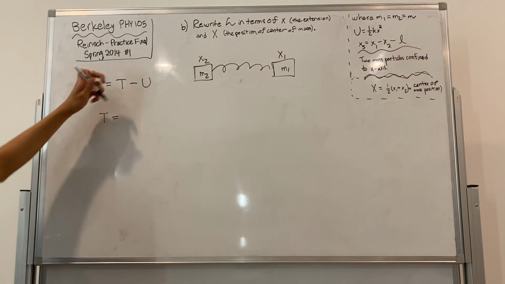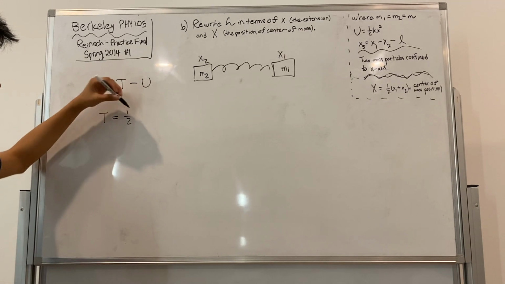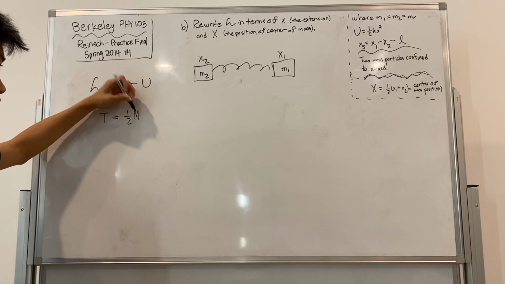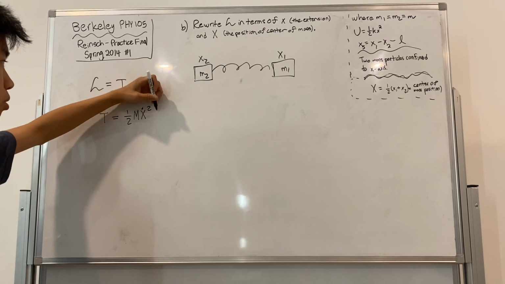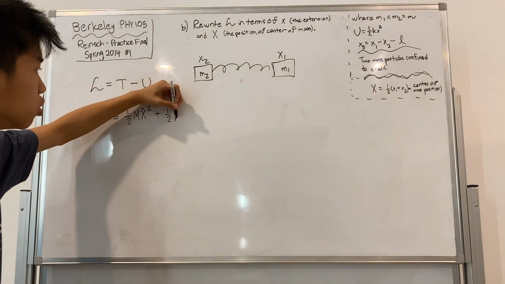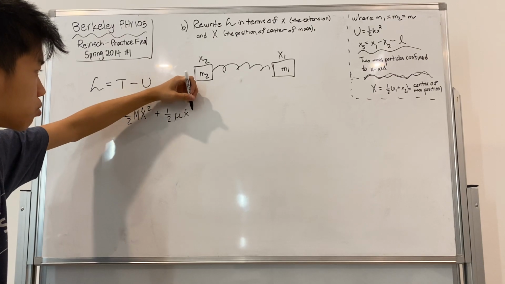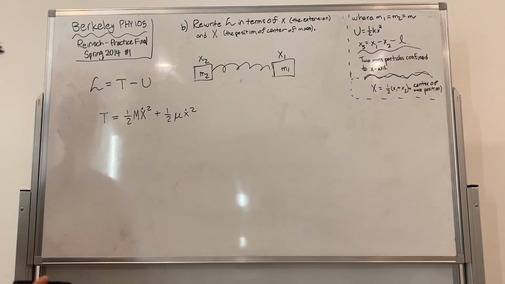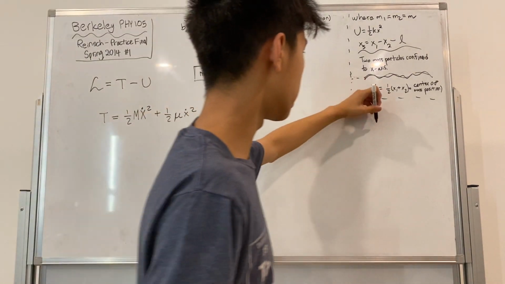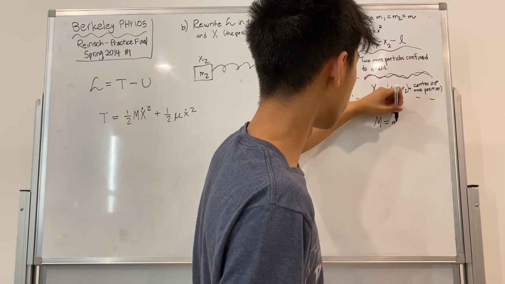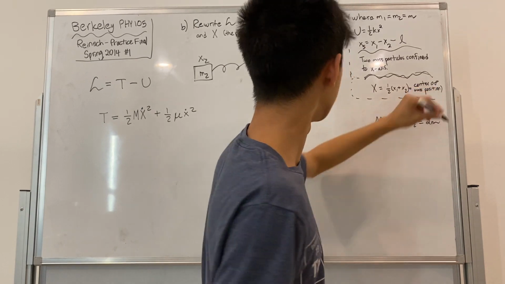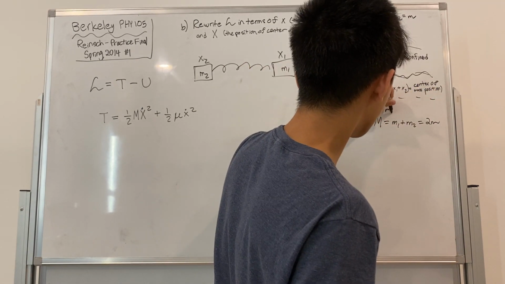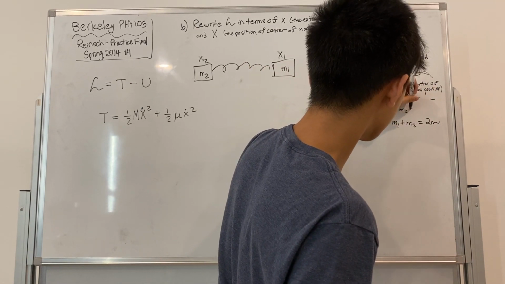So there's a formula that we need to know, and that is T equals 1/2 times big M, big X prime squared plus 1/2 mu, little x prime squared. So the formula is this, and big M is equal to M1 plus M2, which we already know is 2m because we know M1 equals M2 equals m.